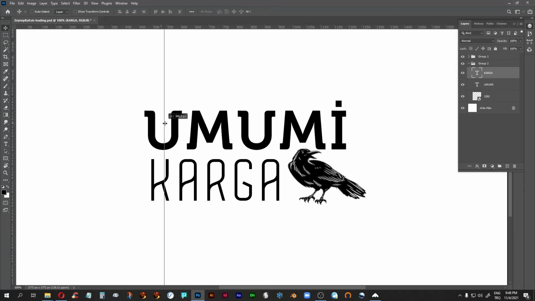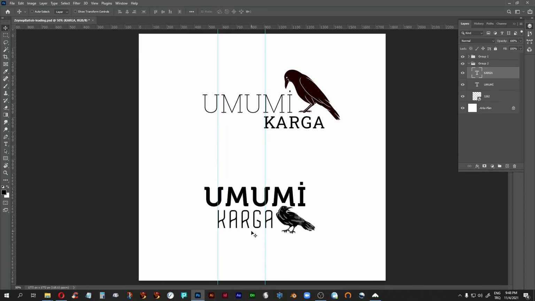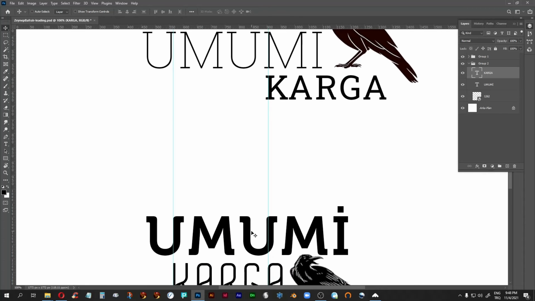Or here. Let's do it here. And then scale this in such a way that it aligns with that, so that we also have a difference in size. And then I think this will work very nicely.